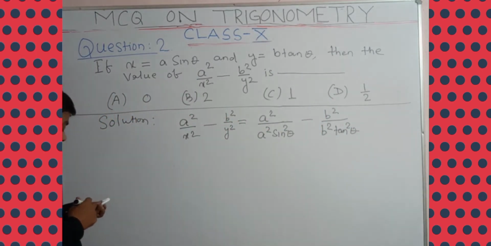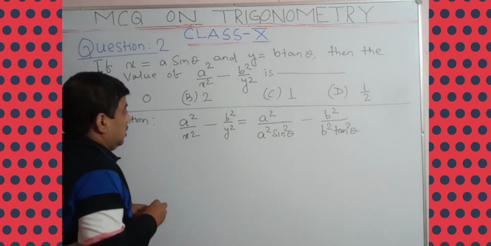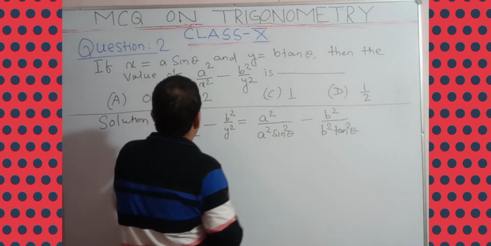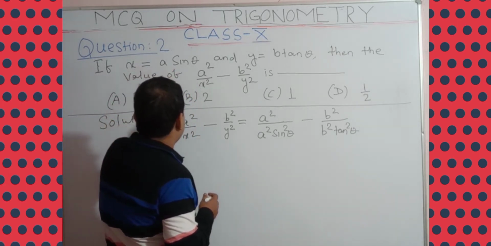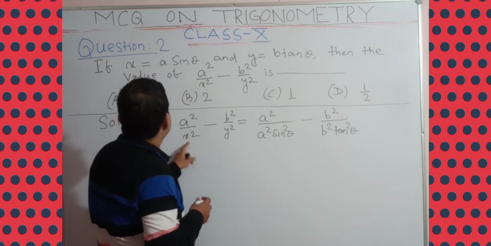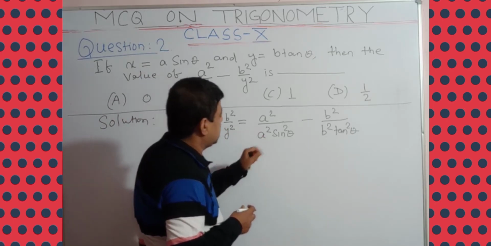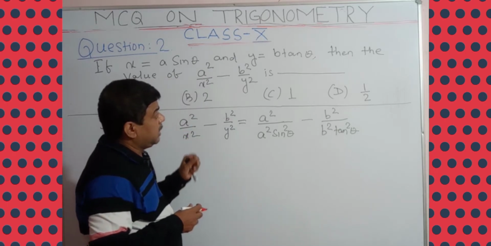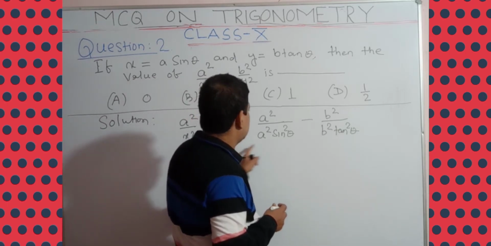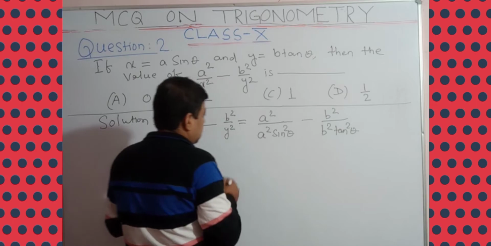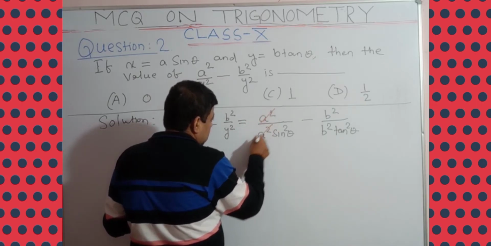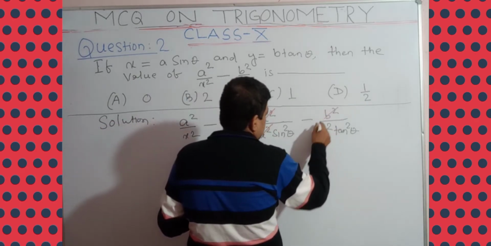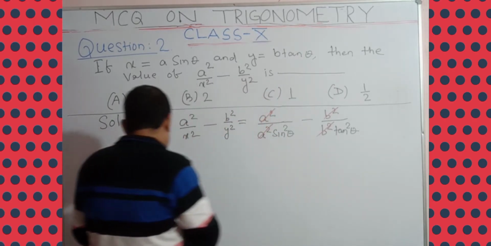Yes. Okay, so understand. Here x is equal to a sin theta, so x square will be a square sin square theta. Similarly y given b tan theta, so y square will be b square tan square theta. And after that a square and a square we can cancel, and here b square and b square we can cancel, understand.